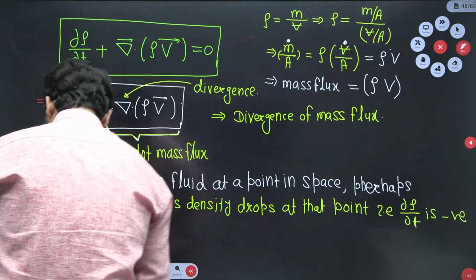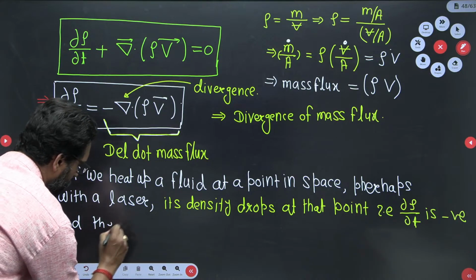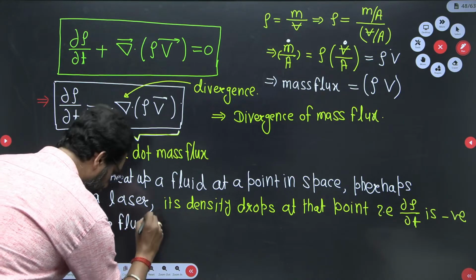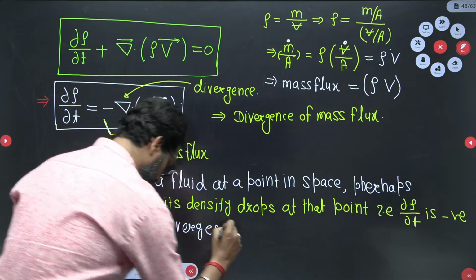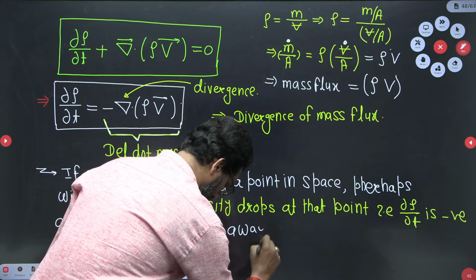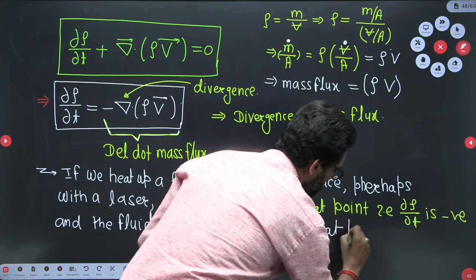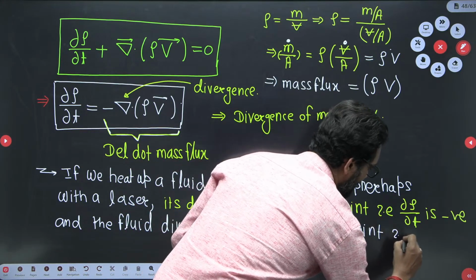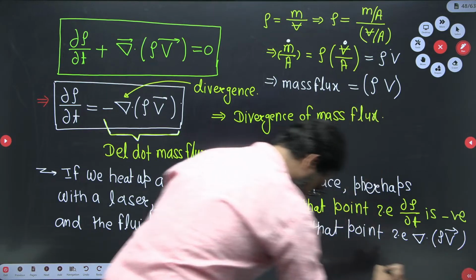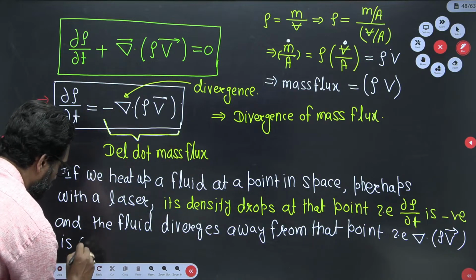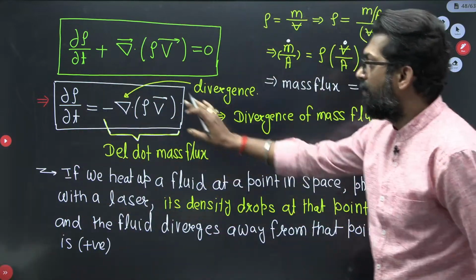Now if it is negative, that means the fluid diverges away from that point, that is del dot rho V, the mass flux, is positive, mind it beta. This is the physical consequence, this is the physical meaning of this equation.